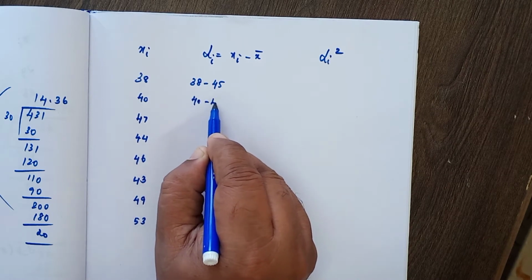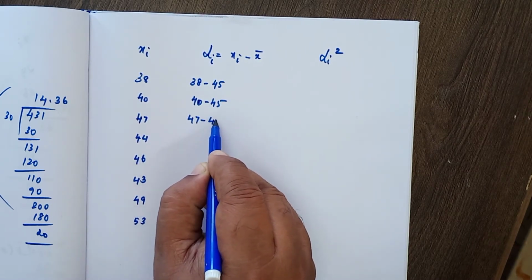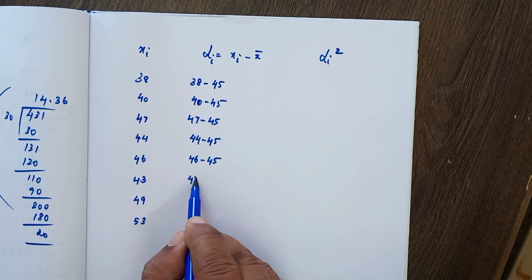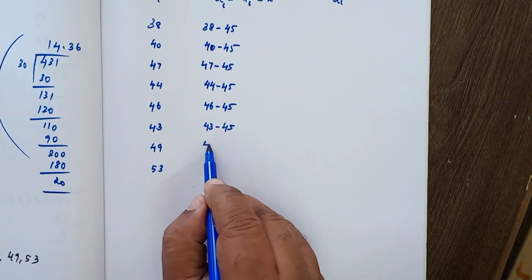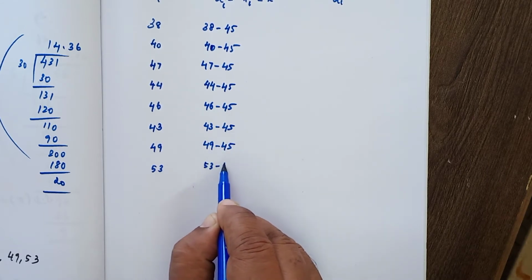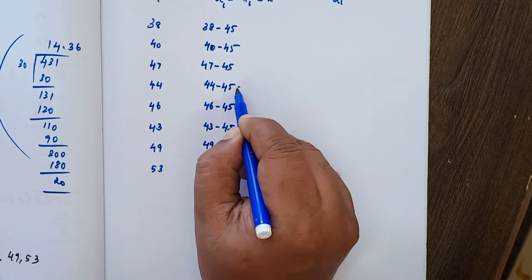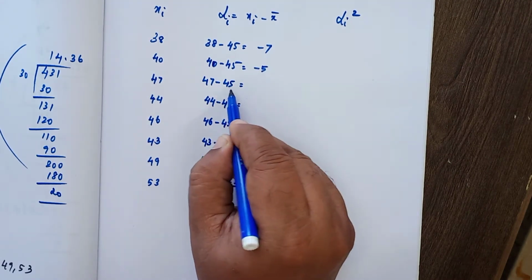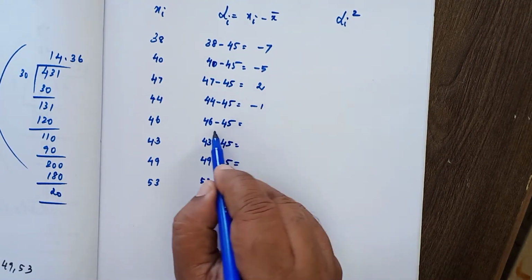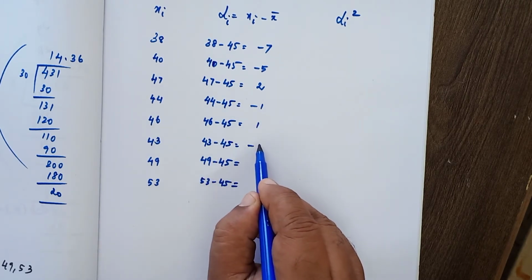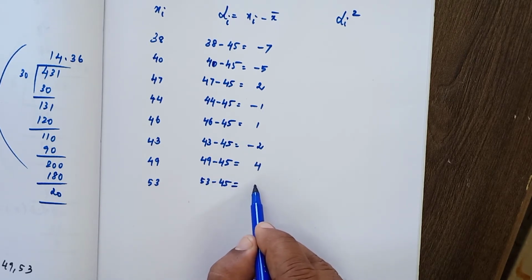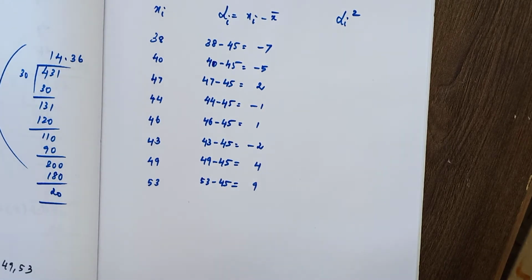Like that, 40 minus 45, 47 minus 45, 44 minus 45, 46 minus 45, 43 minus 45, 49 minus 45, 53 minus 45. 38 minus 45, that is equal to minus 7, 40 minus 45, that is minus 5, 47 minus 45, that is equal to 2, 44 minus 45 is minus 1, 46 minus 45, that is 1, 43 minus 45 is minus 2, 49 minus 45, that is equal to 4, 53 minus 45, that is 8.